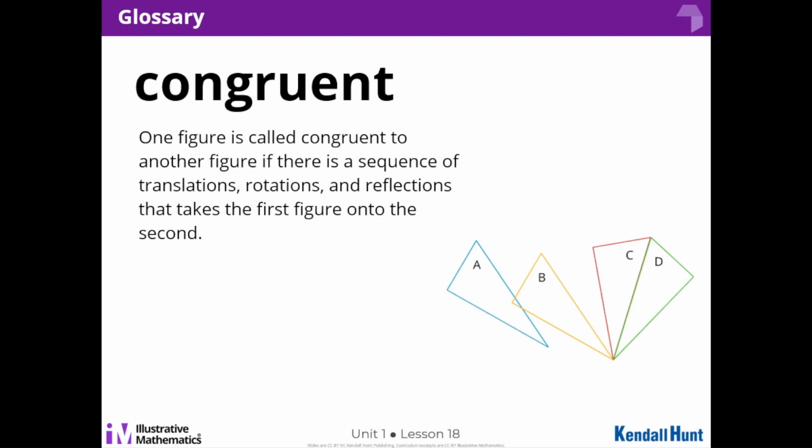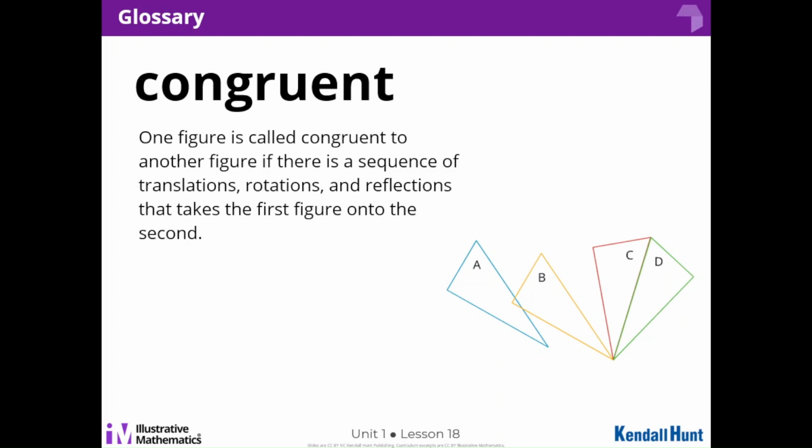Next, we have congruent. Shapes are congruent if there is a sequence of rigid transformations that can take you from one shape to the next. So those rigid transformations being translations, rotations, and reflections.